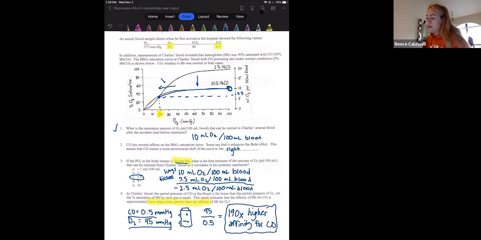So hemoglobin highly prefers carbon monoxide. I don't know why, I think we'll learn that in lecture, but it prefers carbon monoxide way more than oxygen. Even though there's way more oxygen in the blood, it's still going to pick up that carbon monoxide.